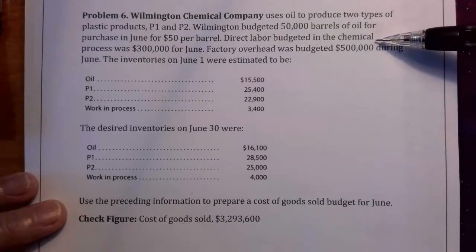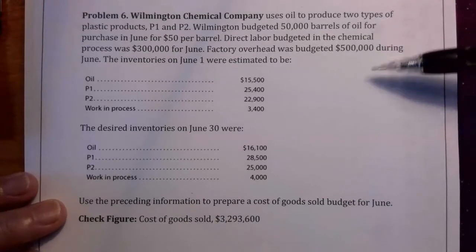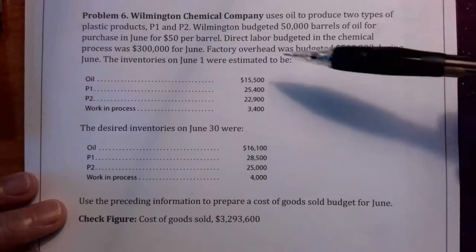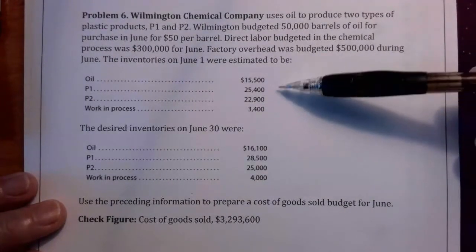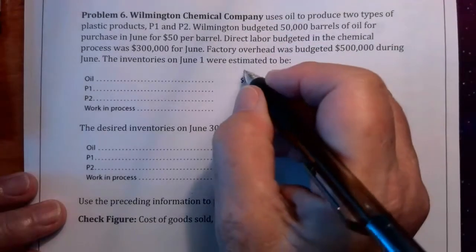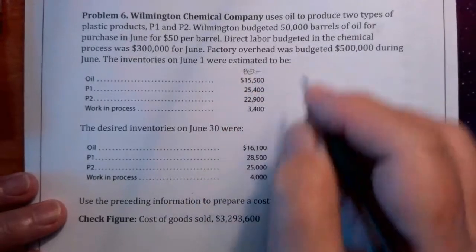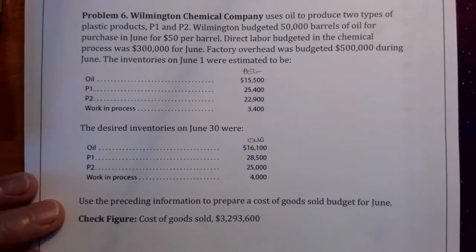Direct labor budgeted in the chemical process was 300,000. Factory overhead was 500,000. And then we've got inventories of both the product and the oil, and work in process. So these are all of our beginning inventories, and these are ending inventories here.